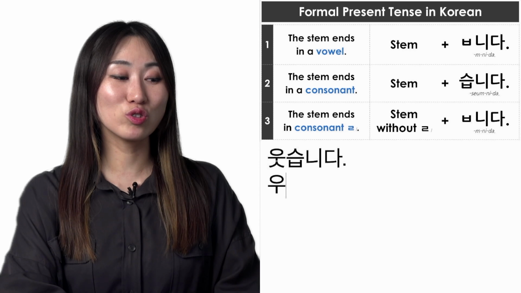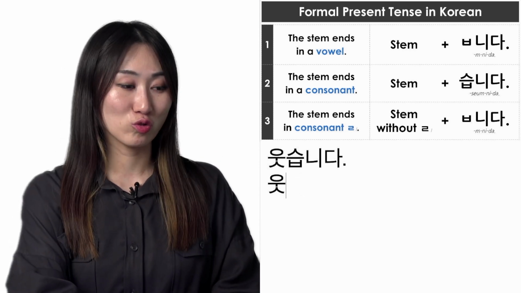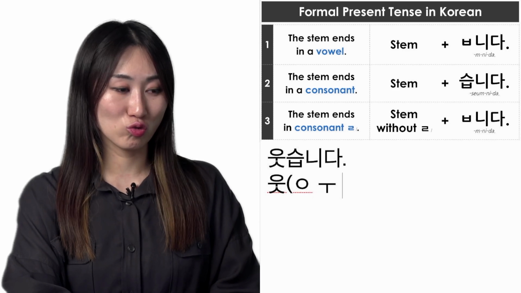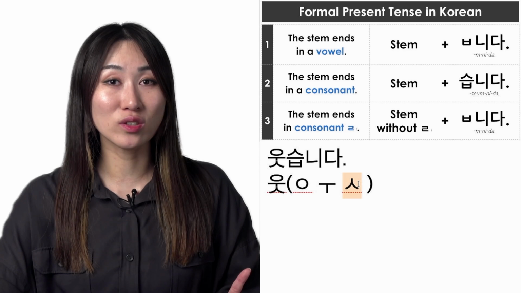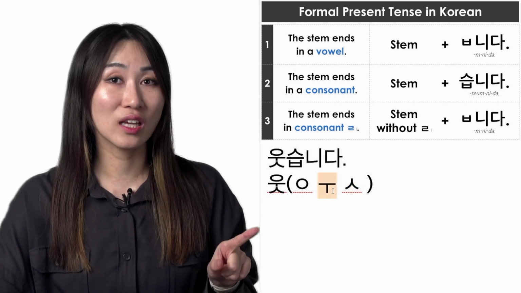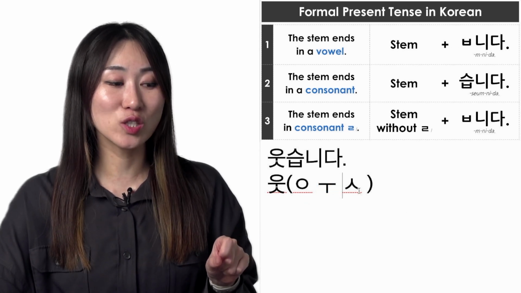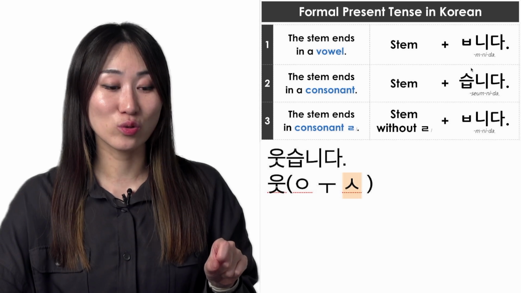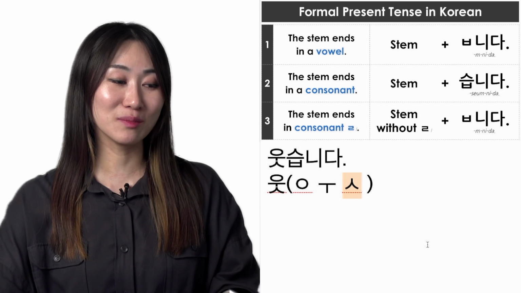It's because 웃다 is the original form, but the stem is 웃. 짠, like this. It ends with a consonant. If it ends with a vowel sound like 우, then I need to use 비읍 here. But it ends with a consonant like this, so you need to use 습니다, 웃습니다.